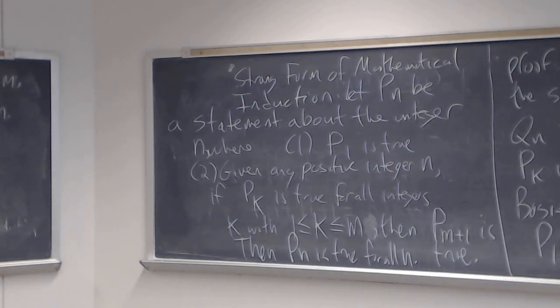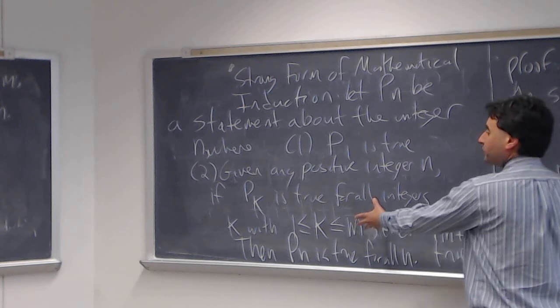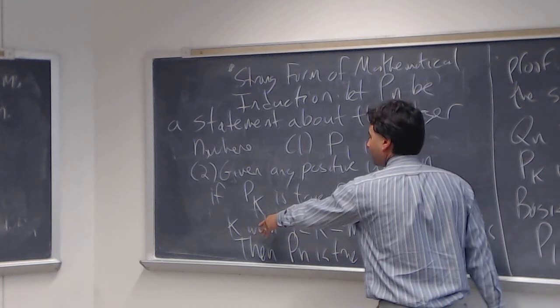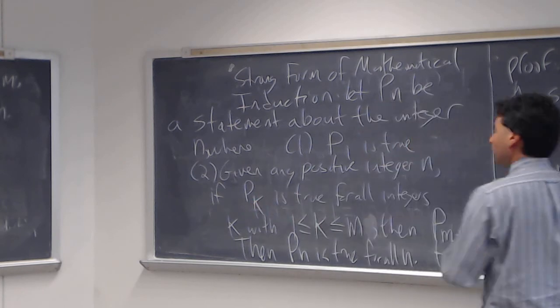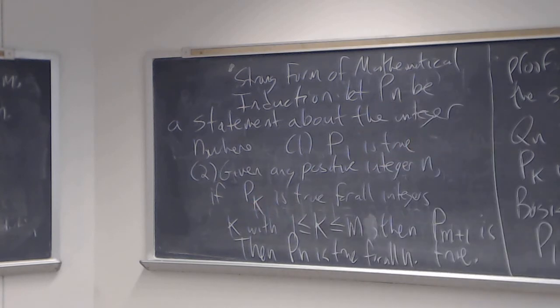Then, in fact, Pn is true for all positive integers n. So that's the conclusion. Just like the regular principle of mathematical induction, but in this step, the implication isn't just Pm implies Pm plus 1, but the implication is that P1 and P2 and P3, etc., up to Pm implies Pm plus 1.